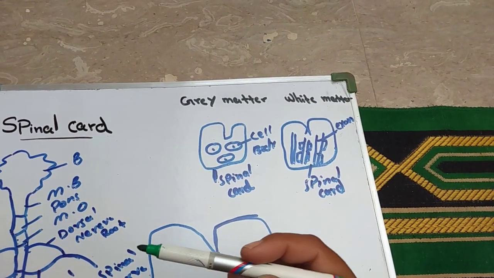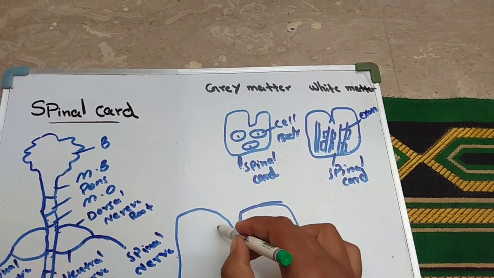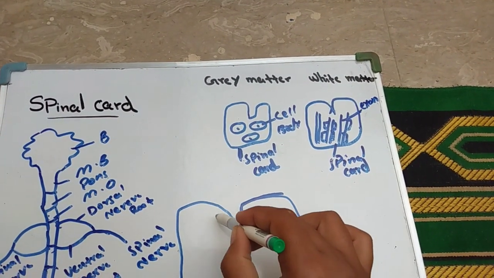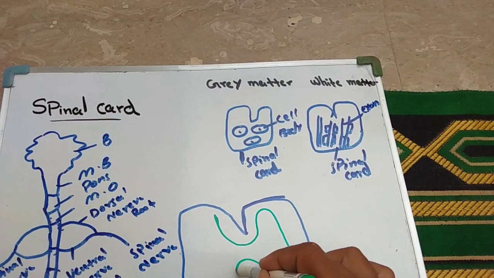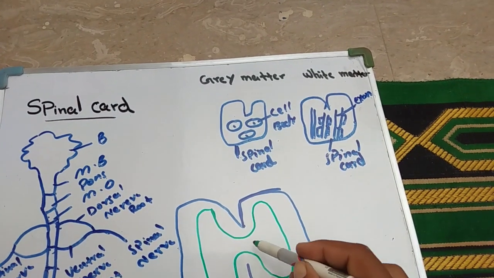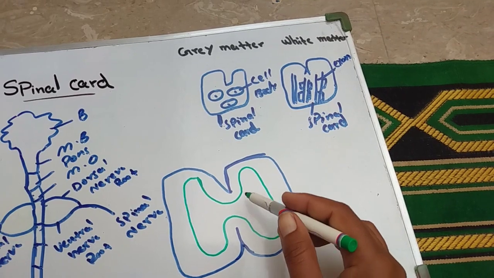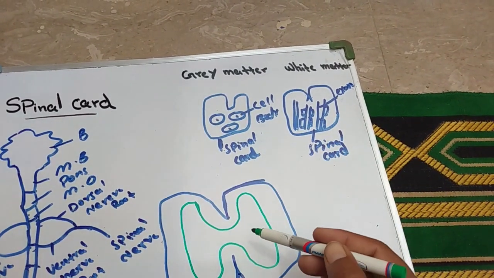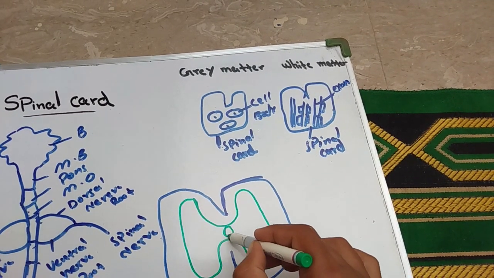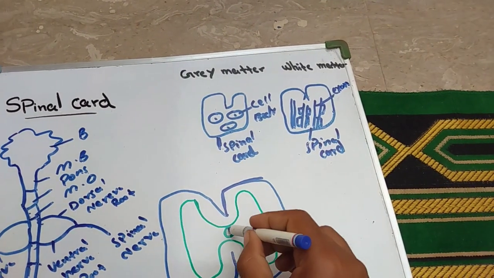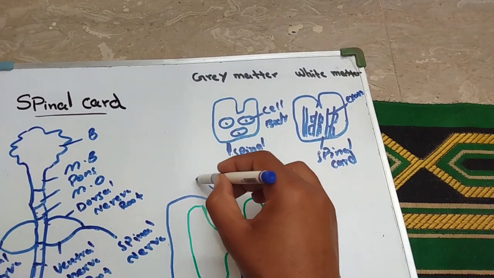The gray matter is gray in color, butterfly shaped or H shaped. Inside the gray matter a hole is present. The name of this hole is the spinal canal. We name this the spinal canal.